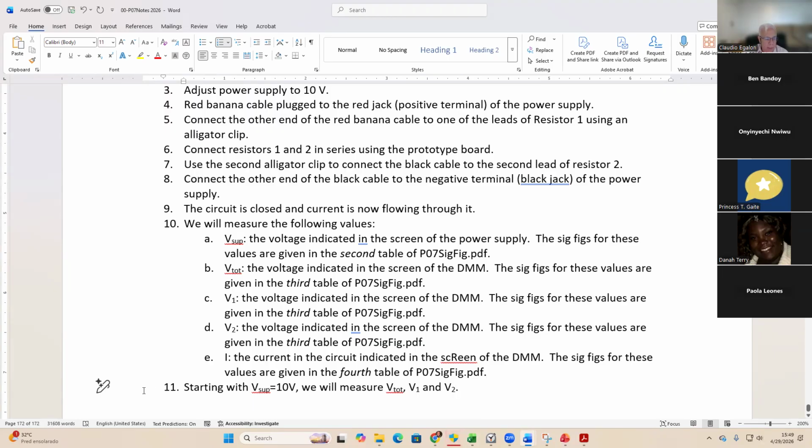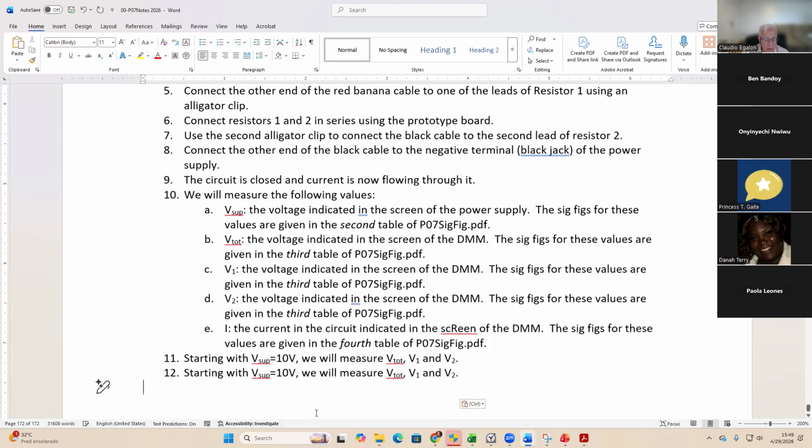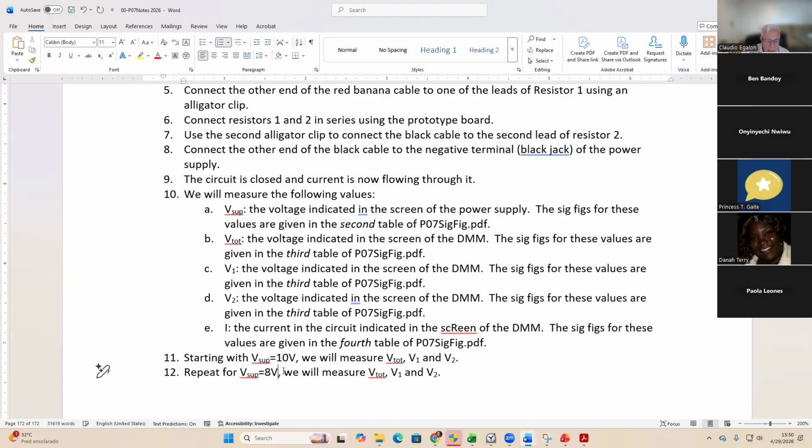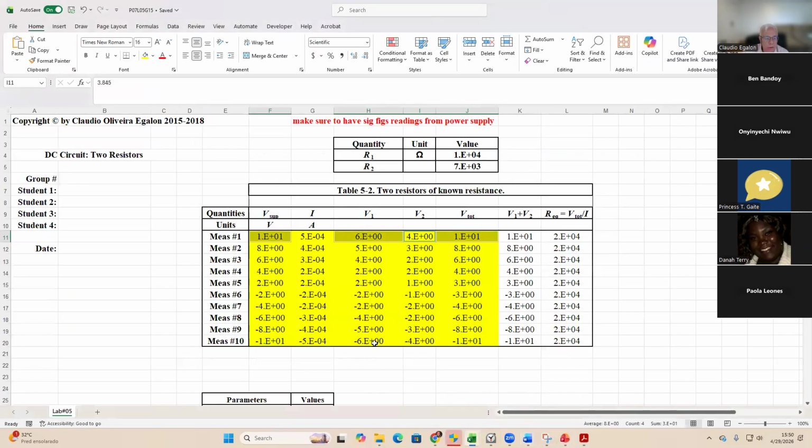Then repeat for V sub equal to 8 volts, 6 volts, 4 volts, and 2 volts.